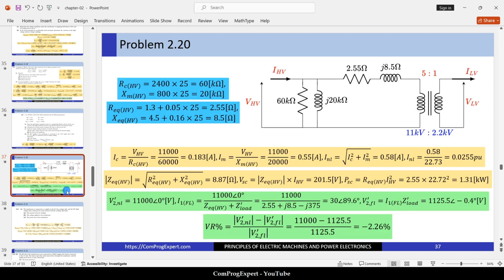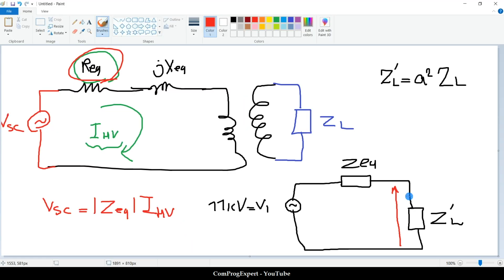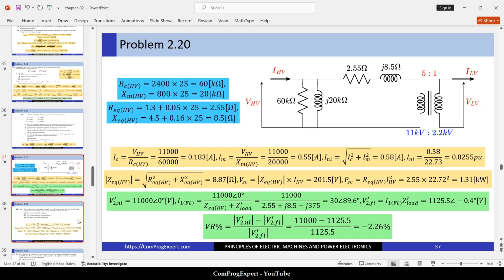So here the value of the V2 prime for the no load condition is 11 kilovolts. If we set the value of the current I2 prime equal to 0, what will be the value of the V2 prime for the no load condition? Equal to the source voltage. So this is V2 prime for the no load, 11 kilovolts.